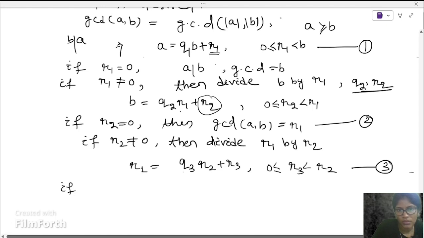Similarly, the procedure repeats. If r3 equals 0, then the GCD of a, b is equal to r2.